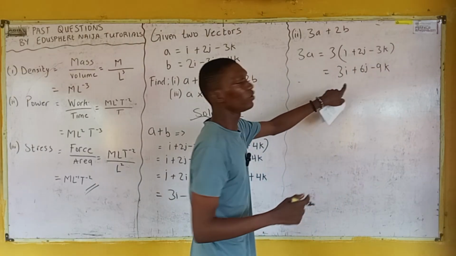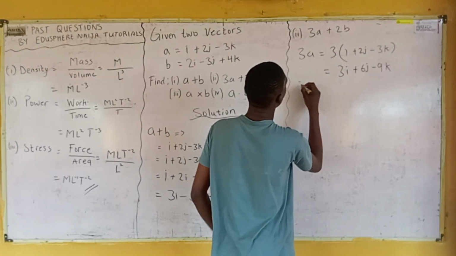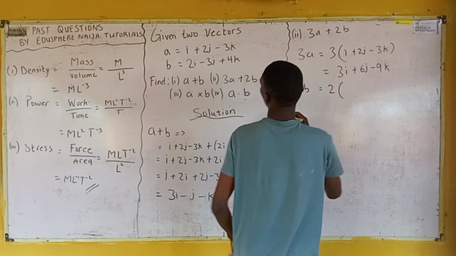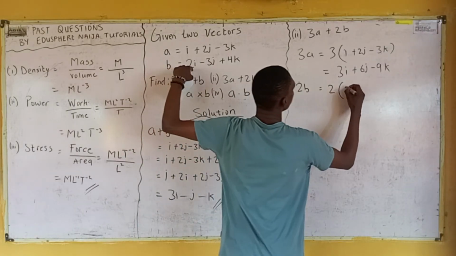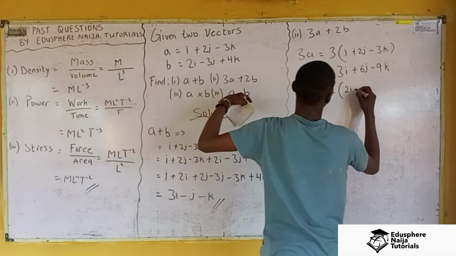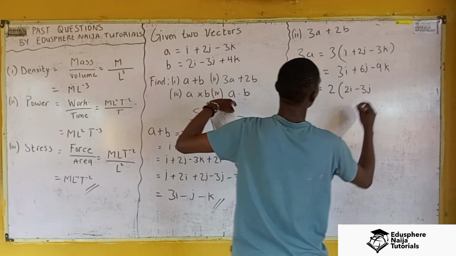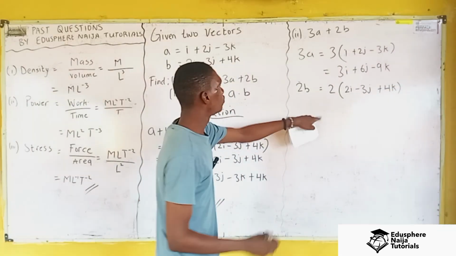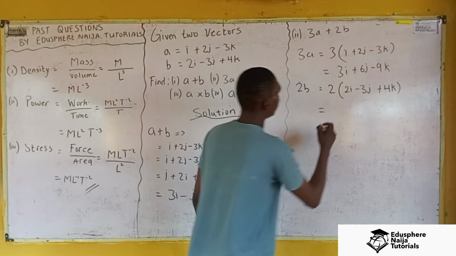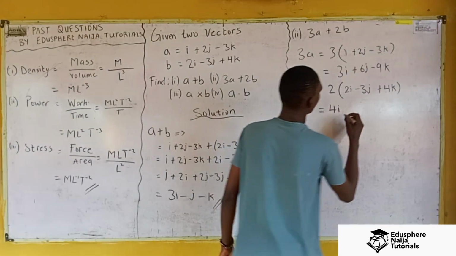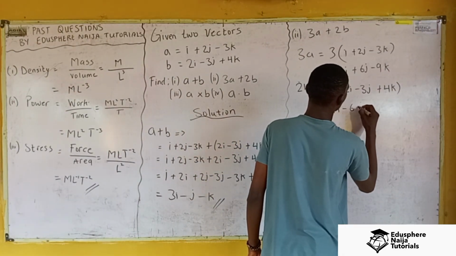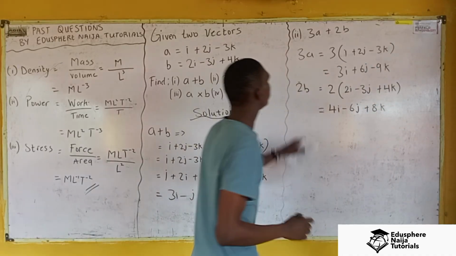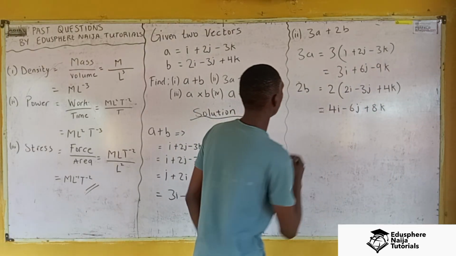That's for 3A. The next one is 2B, which is 2 open brackets 2I minus 3j plus 4k. So we have 4I minus 6j plus 8k. So we've gotten our values for 3A and 2B.